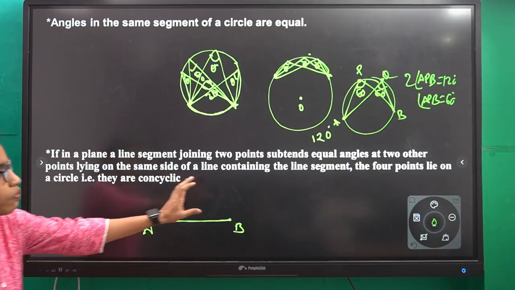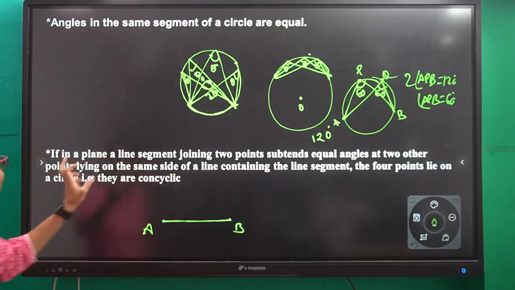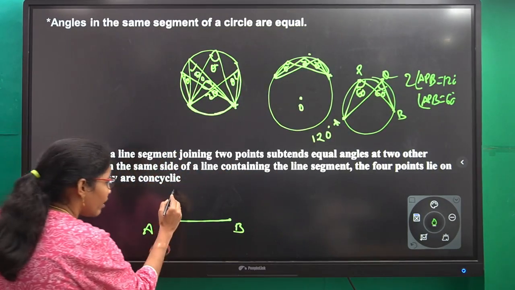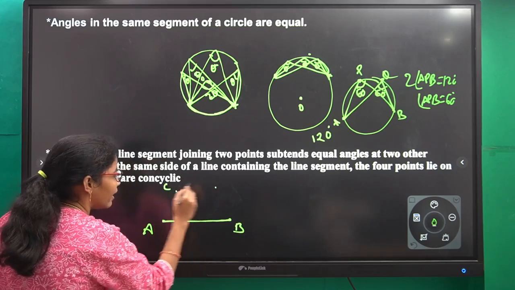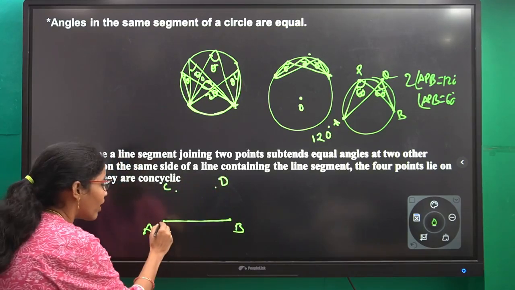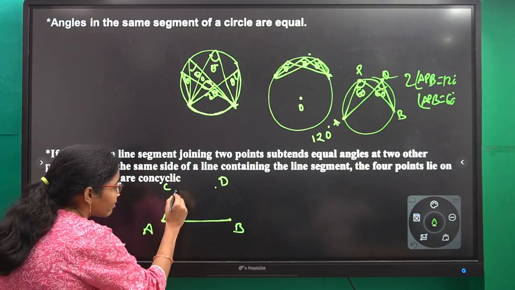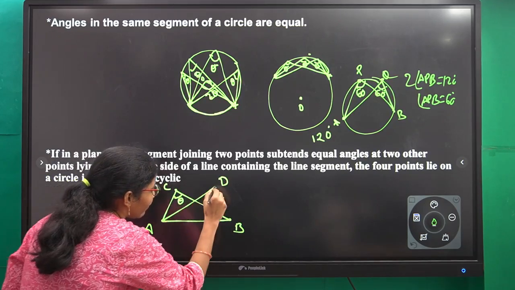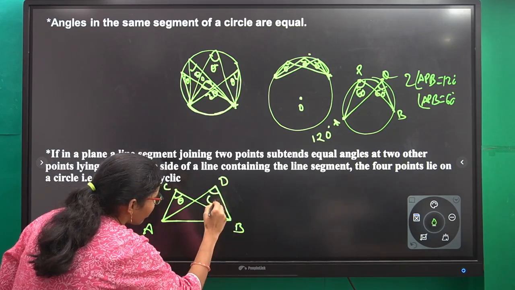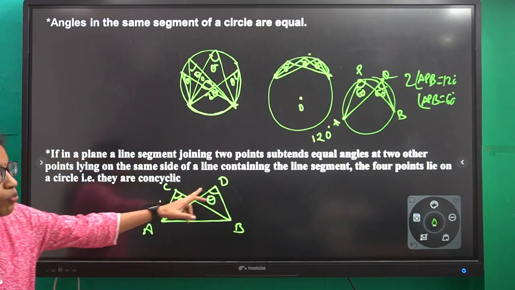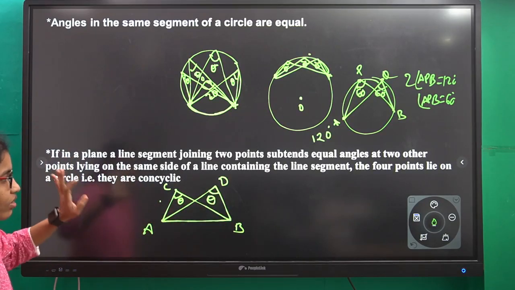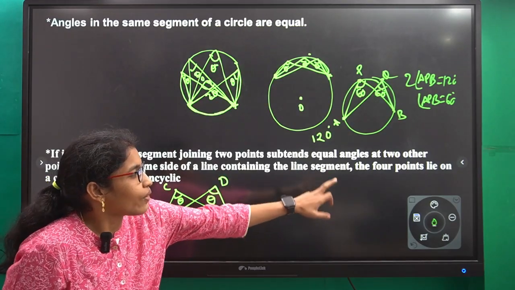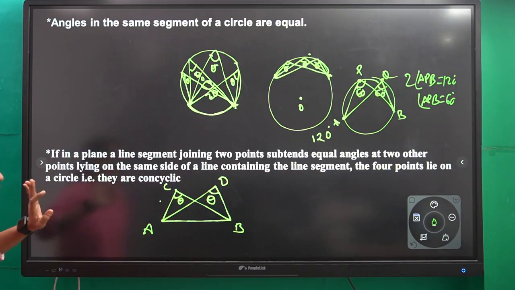It subtends equal angles at 2 other points lying on the same side of the line. I have taken them here and here, C and D. So what they said here is that AB makes an equal angle with C and an equal angle with D. So with point C and point D they make equal angles. The 4 points lie on a circle.